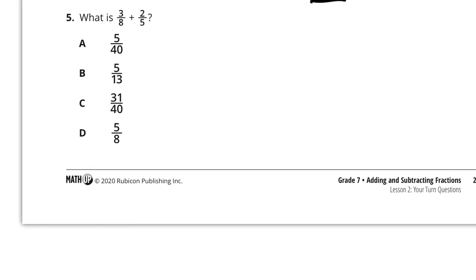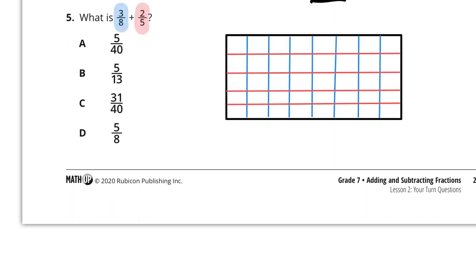Then we've got, what is 3/8 plus 2/5? So here we have a shape that shows 3/8 plus 2/5. Again, let's make some circles, okay? So our blue circles are 3 out of 8, so we've got to fill 3 of these columns.